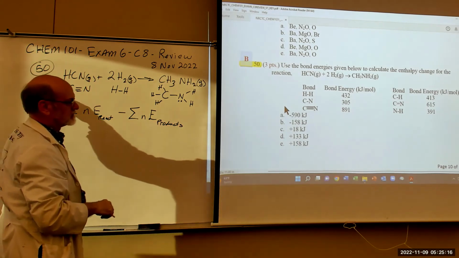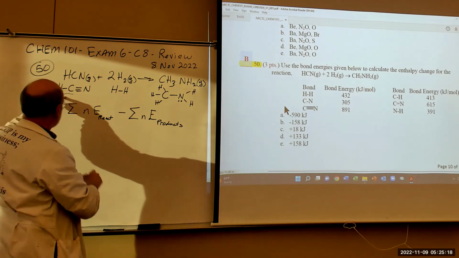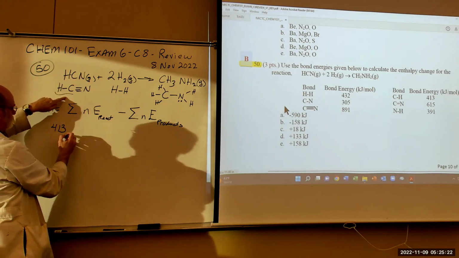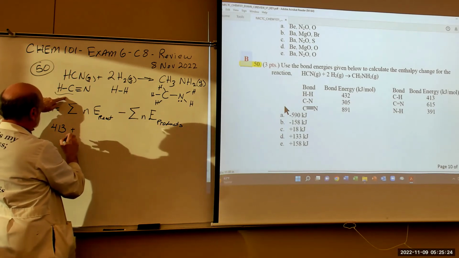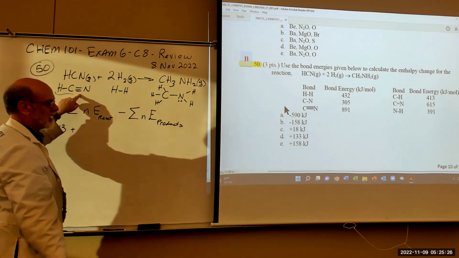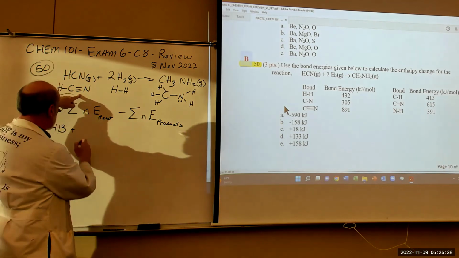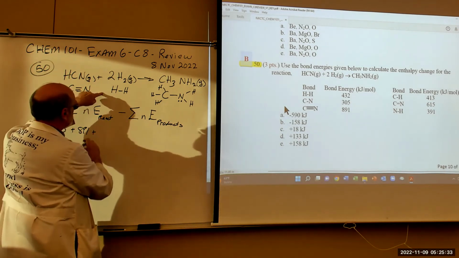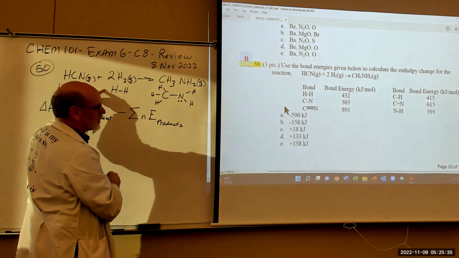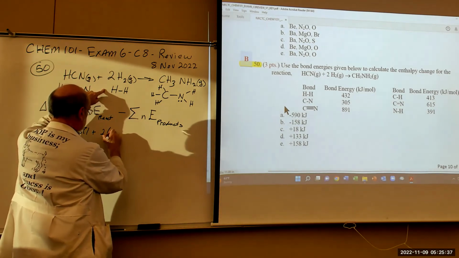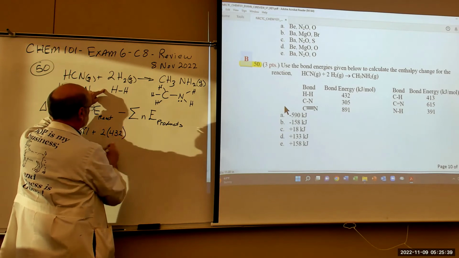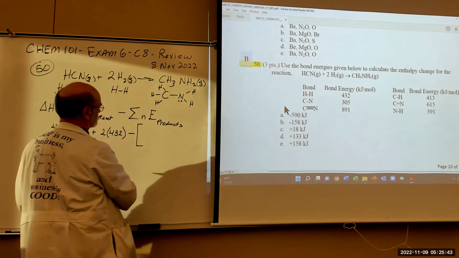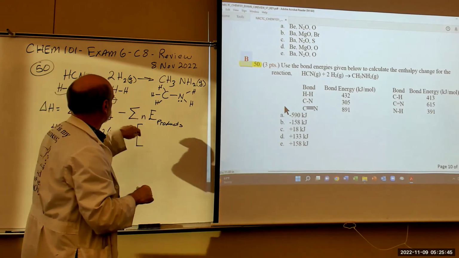Okay. So the bond energies here are a hydrogen carbon 413 times 1, plus a carbon nitrogen triple bond 891, plus 2 times hydrogens 432 each. Now we subtract everything inside this one.